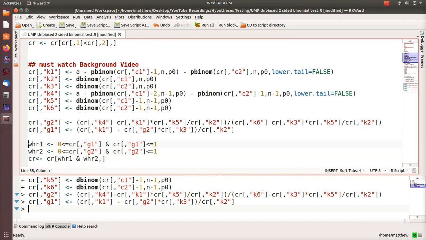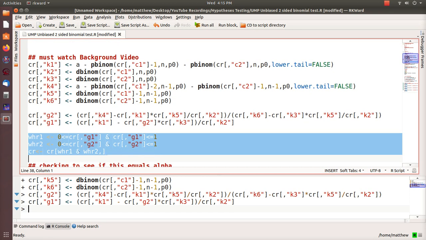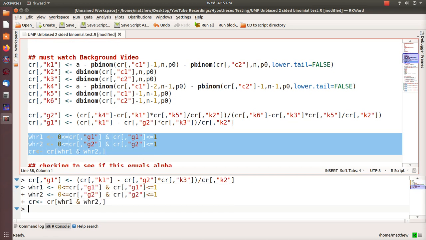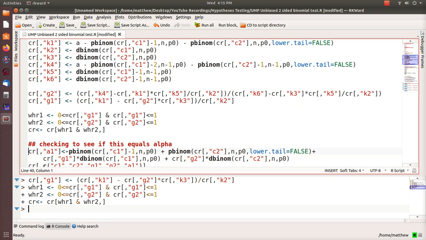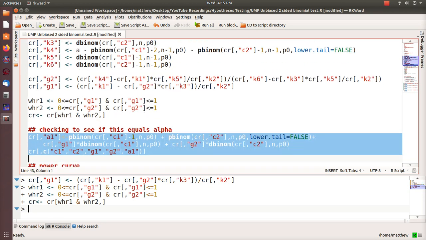This finds a solution for all possible combinations. But since gamma 1 and gamma 2 have to be between 0 and 1, we get rid of everything that doesn't fit within that region. And it turns out that this test is essentially unique. It is unique except for the weird cases, and that's why I say essentially unique.